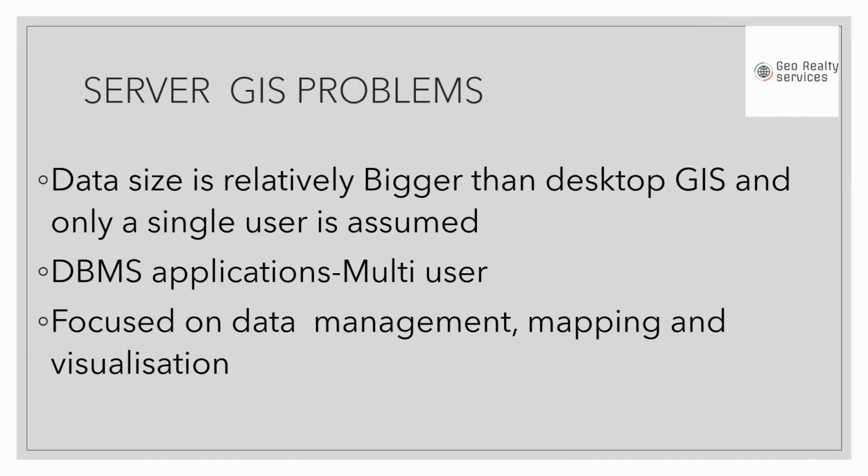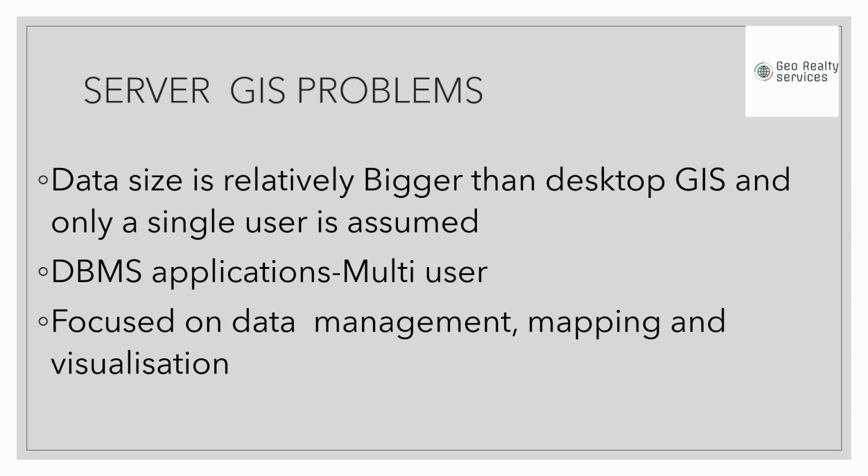The second category is named server GIS or multiple user GIS. It uses GIS and a spatial database management system. The major difference from desktop GIS will be data size and data management issues for multiple users. So server GIS can be characterized by the following. Data size is generally bigger than desktop GIS, for example, of 100 megabytes.